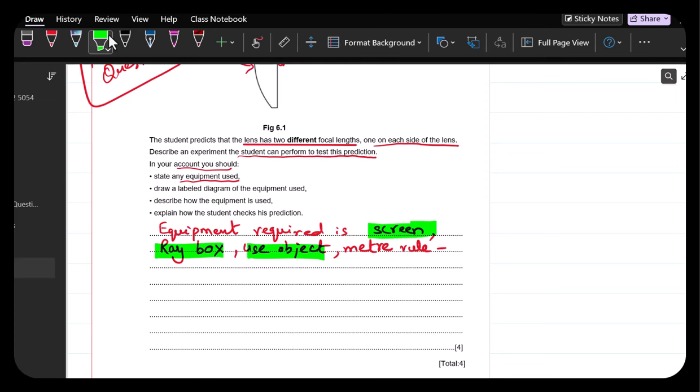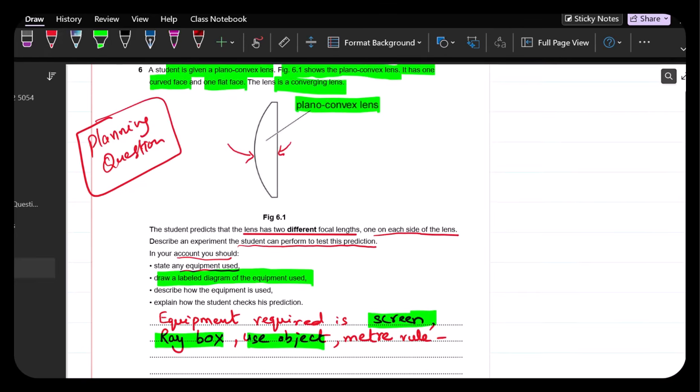Now draw a labeled diagram of the equipment used. Space is given to you. You have to draw the labeled diagram. So I place the lens somewhere here. This is going to be the lens. This is the center of the lens and the principal axis is here. So here you have the object.